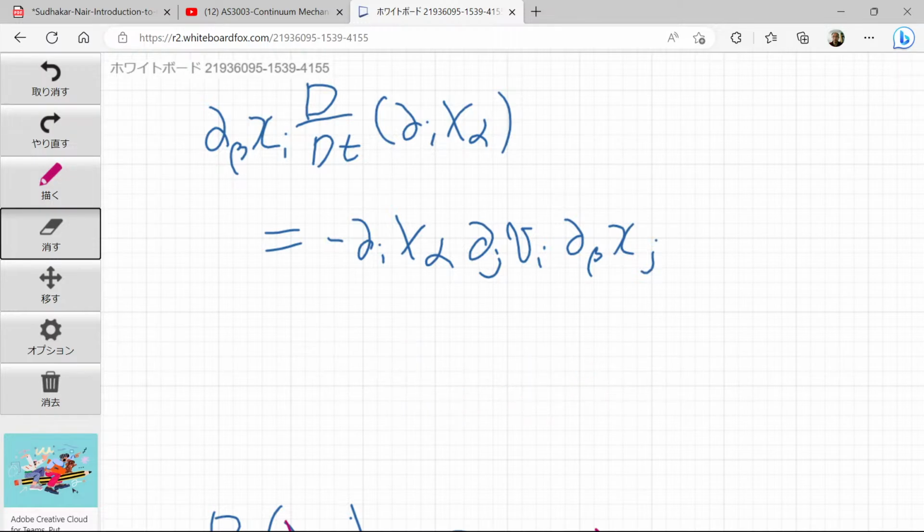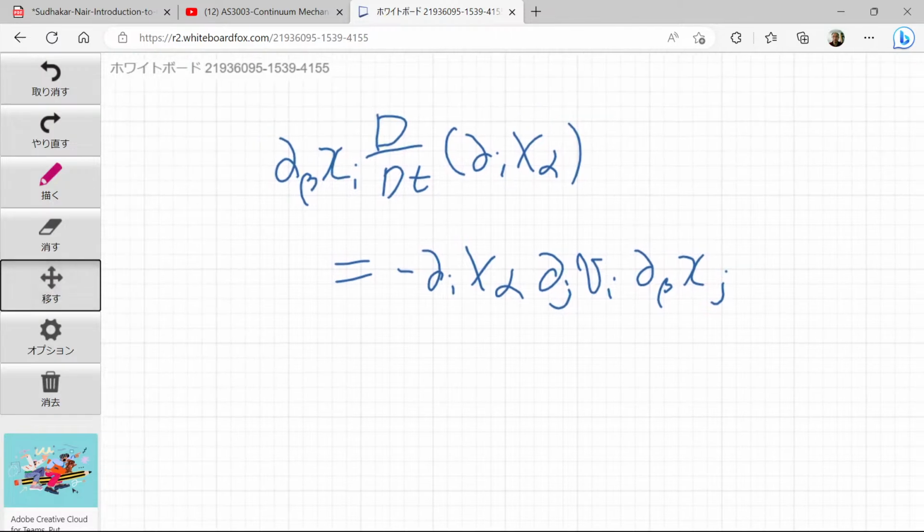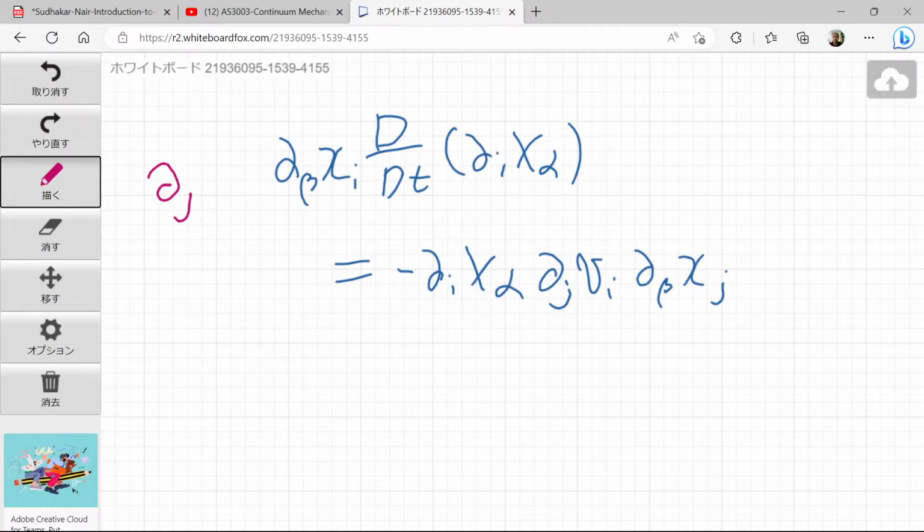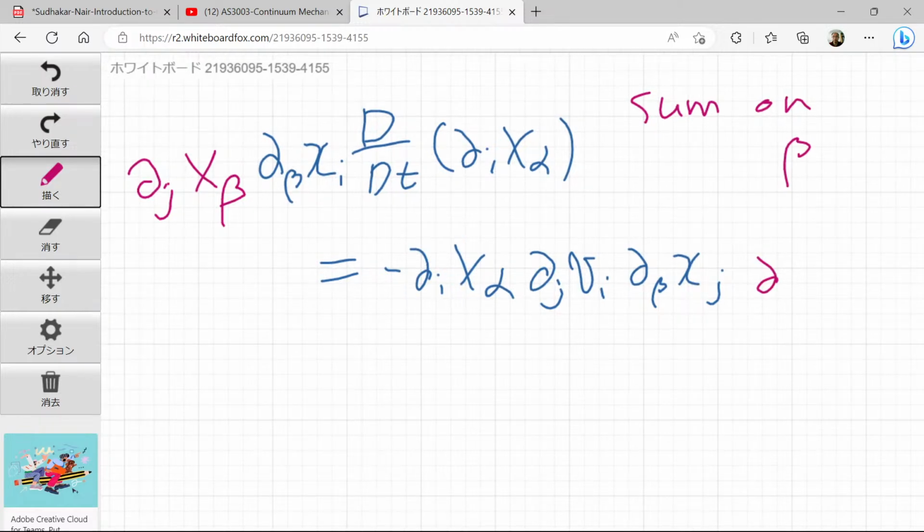So we multiply partial j x beta, then sum on beta. Right?